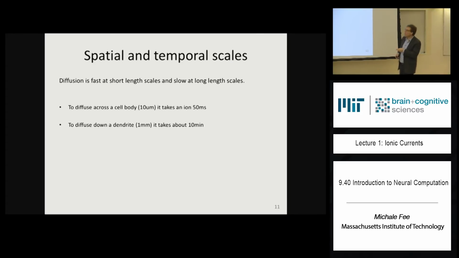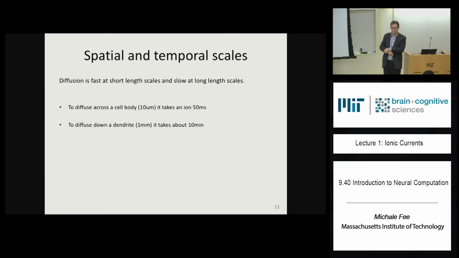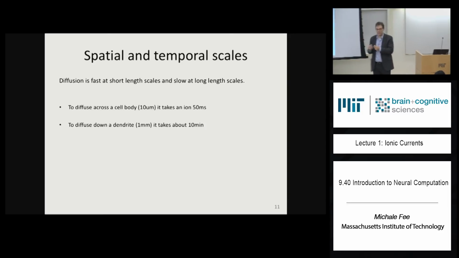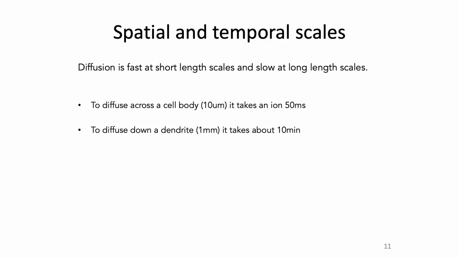It can take about 10 minutes, on average, to get that far away from its starting point. So you can see a 20th of a second here, and here it's like 500 seconds, about 10 minutes.